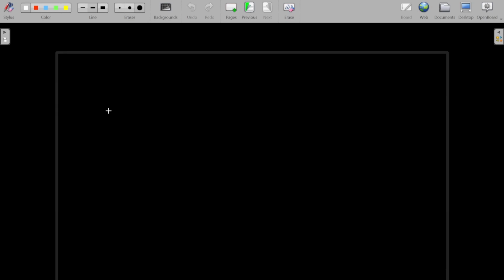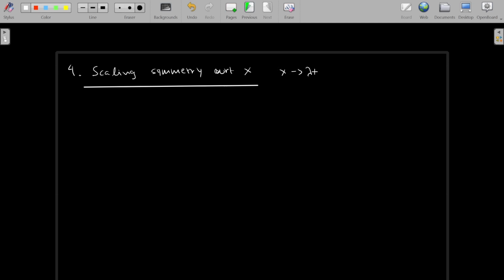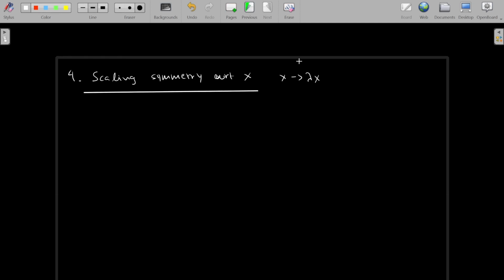Now, lastly, we have the scaling symmetry with respect to x, which again is just x goes to lambda times x. Now, let's see how everything behaves under this transformation. Of course, only x is scaling right now, so y is going to remain unchanged.